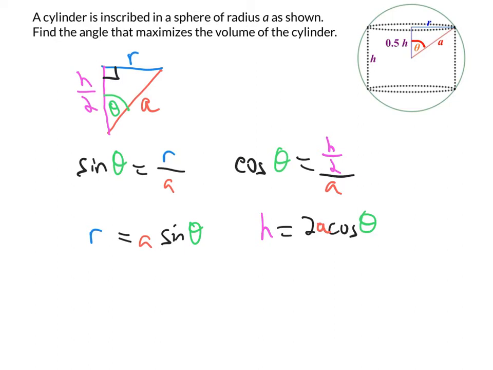Now we recall that our volume that we wanted was pi r squared h, so it's going to be pi times the square of a sine theta times simply 2a cos theta.